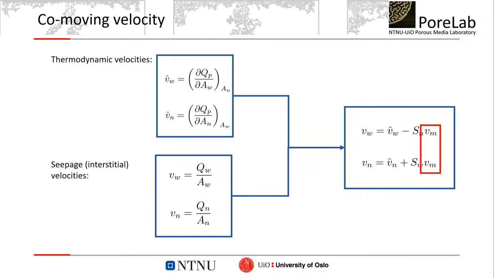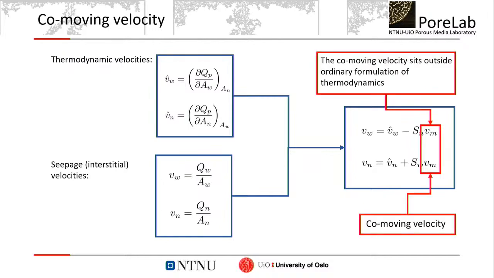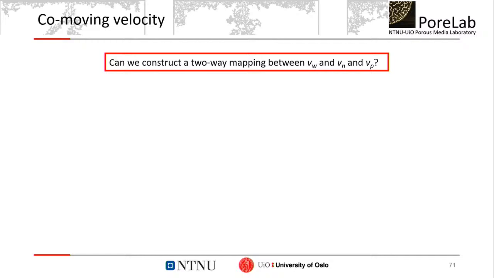And the same thing, this velocity you measure directly is the thermodynamic velocity plus this wetting saturation times this function Vm. And this is the co-moving velocity. And it turns out this sits outside ordinary thermodynamics. You don't find an analog in ordinary thermodynamics. This is something new. It needs its own equation of state. But I'll get to that. Here's another way of seeing the same thing.